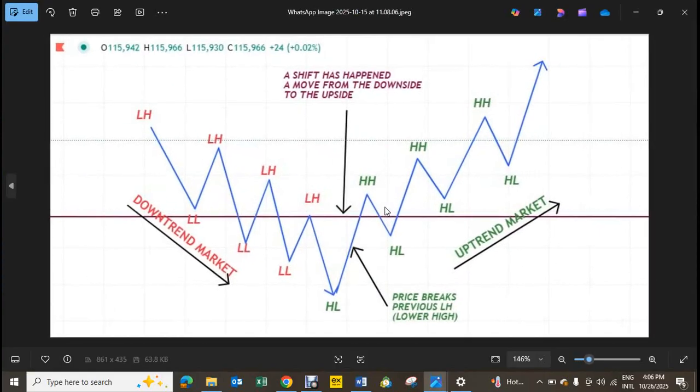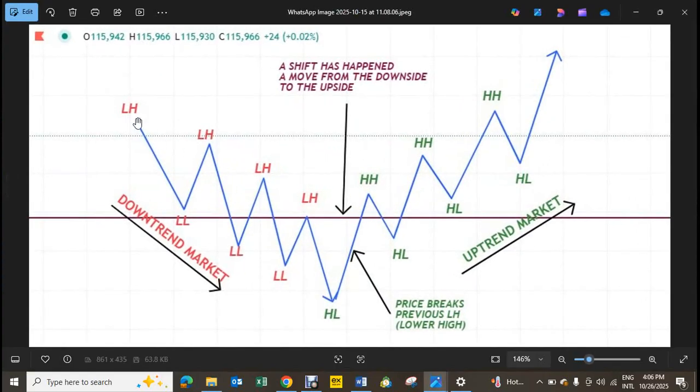Alright guys, now you can see this is a downward trend. We have lower high, lower lows, lower high, lower lows, lower high, lower lows. The market can only shift if price comes up from the last HL at the downside.